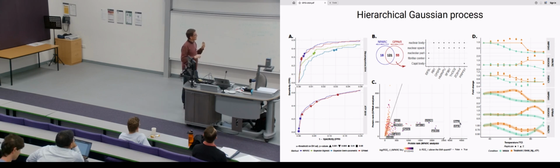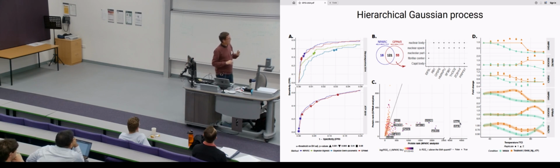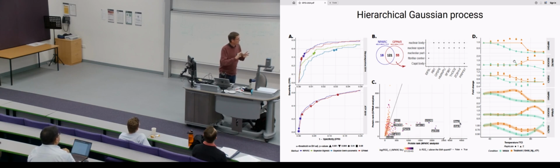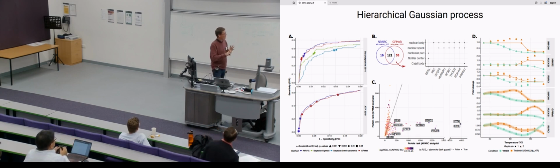But it turns out that when we look at some of the examples that MPark calls as negative, they're clearly different. So in this panel D here, we're looking for curves that look different. Some of these, MPark is failing on the test, so it's saying that those aren't different from each other.